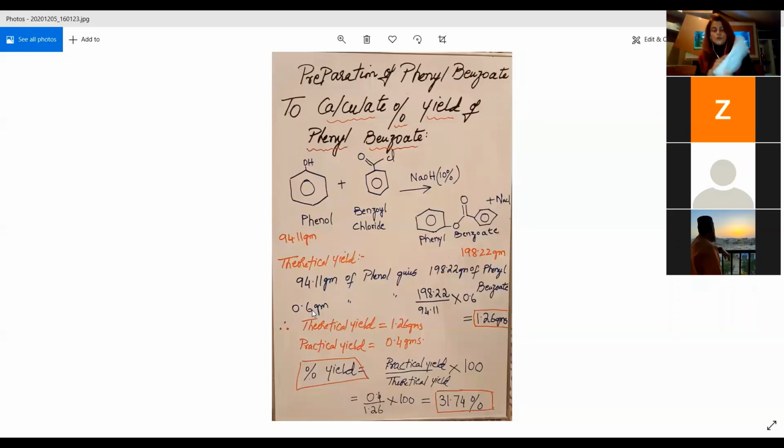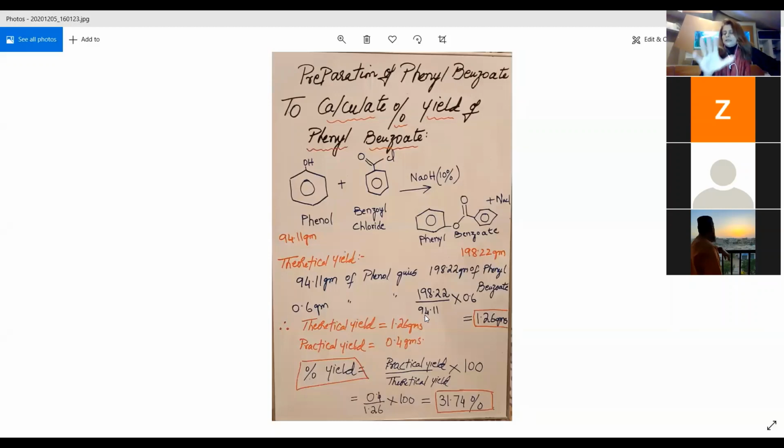Here in the scheme, you took this much amount of the starting material, 0.6 grams, it's written here. So for the starting material, you have to put it there, and you have to divide 198.22 upon this, that is the starting material, 94.11.